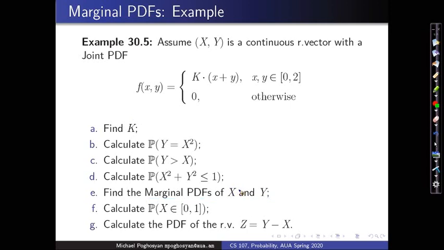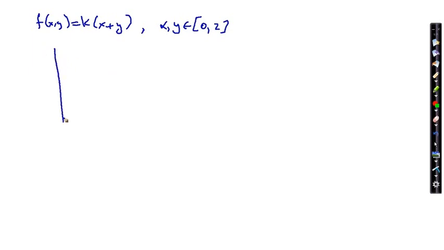So I'm erasing this and passing to the whiteboard. My f, f of xy, is k times x plus y if x and y are both in 0, 2, and 0 otherwise. I need to find the marginal PDF for x. So I'm drawing again, always draw the figures: you have the support and the integration region.